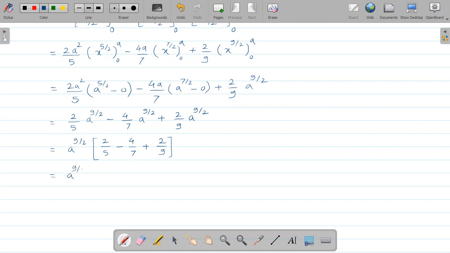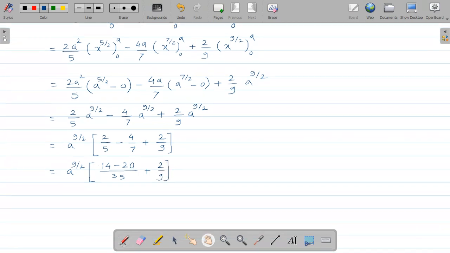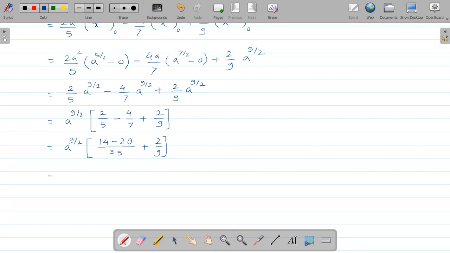So a^(9/2), and here if you cross multiply this, then what happens? See here, cross multiply the first two terms, then it will be (14 minus 20) upon 35 plus 2 upon 9 as it is. Okay, check this. Now next, a^(9/2) as it is. Now in the bracket what will you get? 14 minus 20 means minus 6 upon 35 plus 2 upon 9.